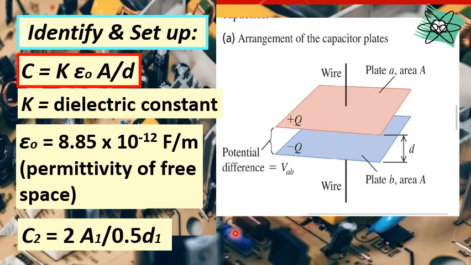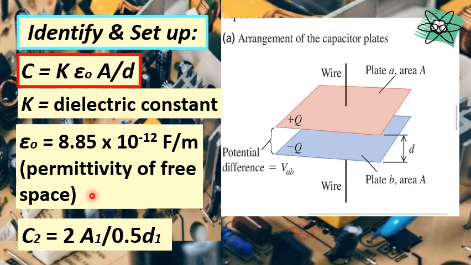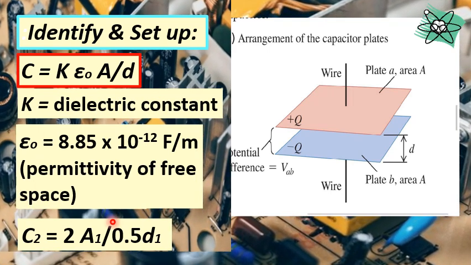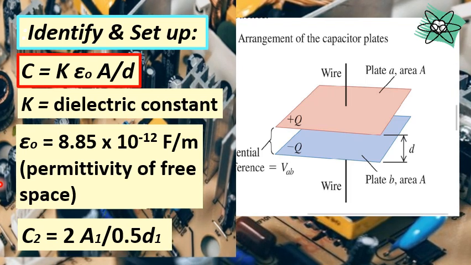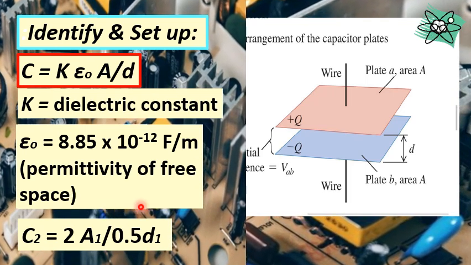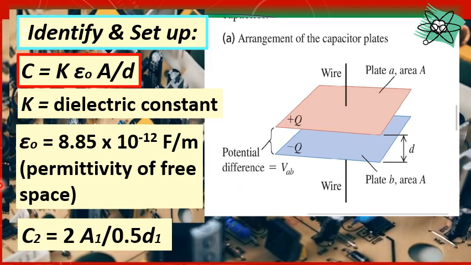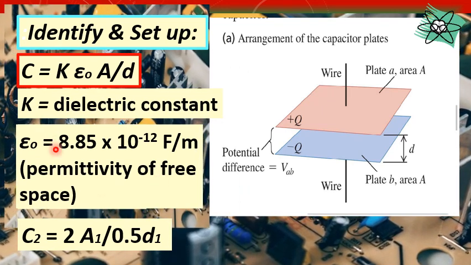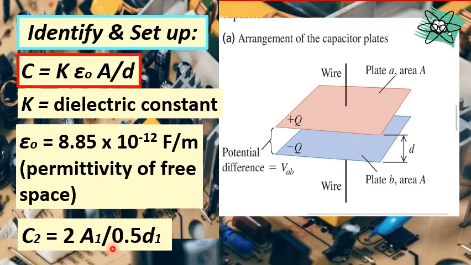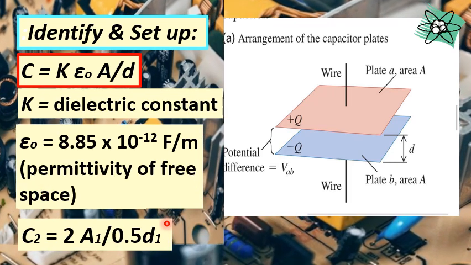So, in our question number 2, we are told that the area of the plate will be doubled. And at the same time, the separation distance will be halved.